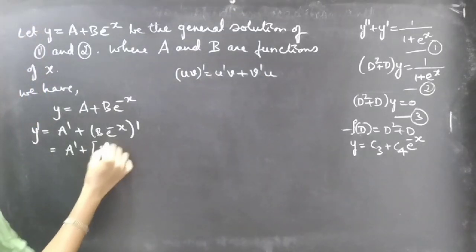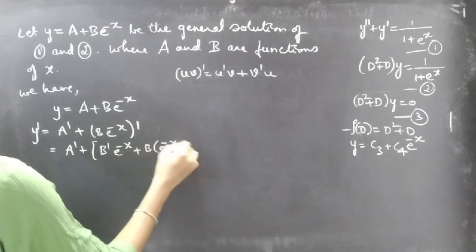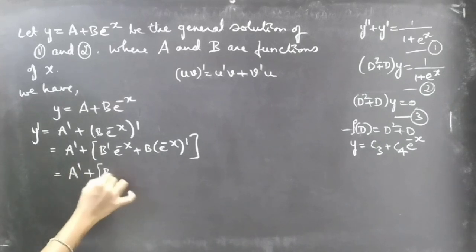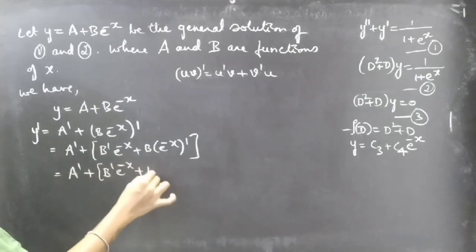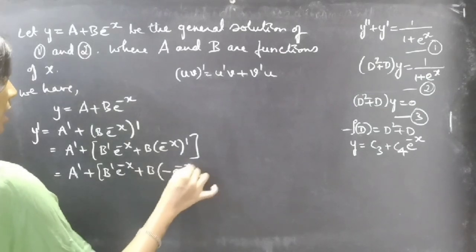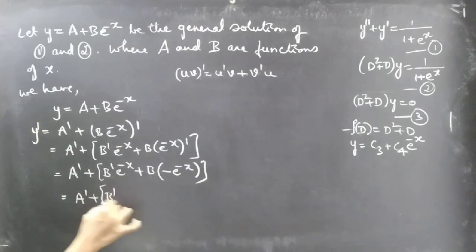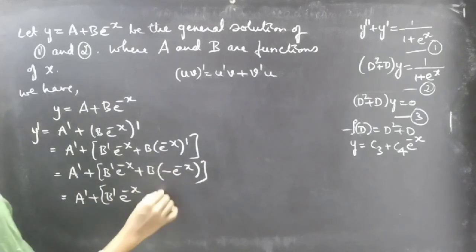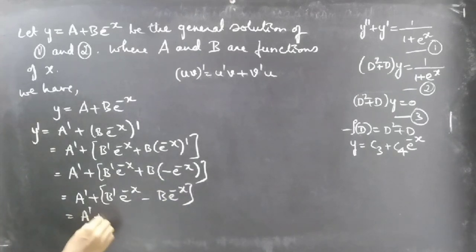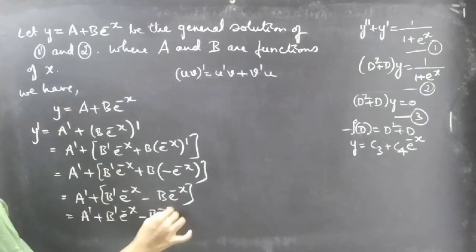This gives us b dash e power minus x plus b into e power minus x whole dash, which gives us a dash plus b dash e power minus x plus b into derivative of e power minus x with respect to x is minus e power minus x, which gives us a dash plus b dash e power minus x plus into minus minus b e power minus x, which gives us a dash plus b dash e power minus x minus b e power minus x.